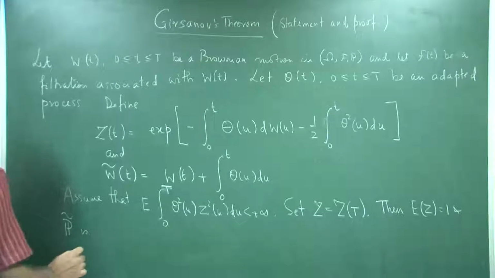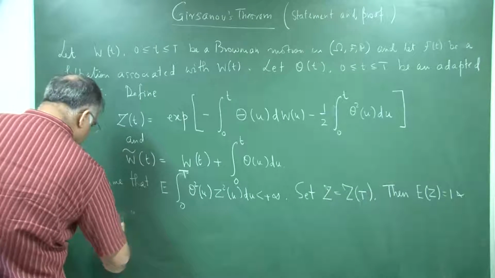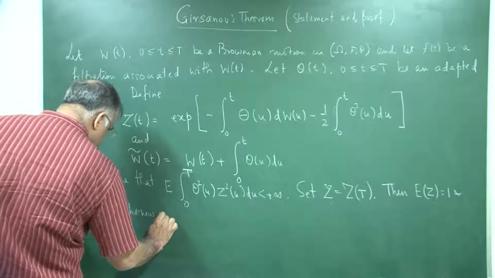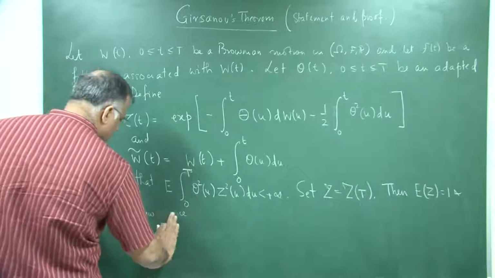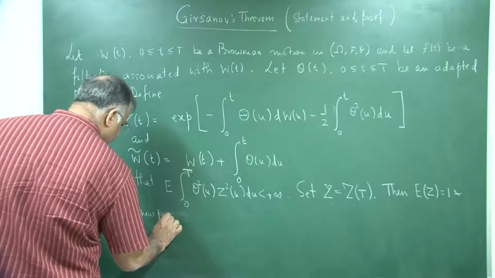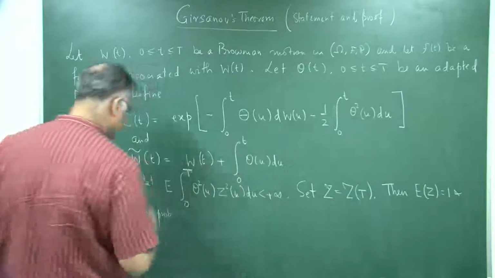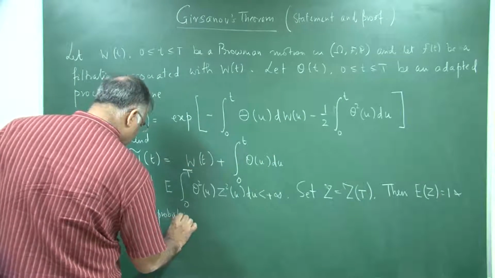And P tilde is the new probability measure. Obviously, Z is greater than or equal to 0, because the exponential function is actually strictly greater than 0.